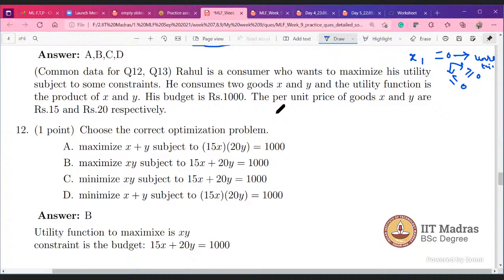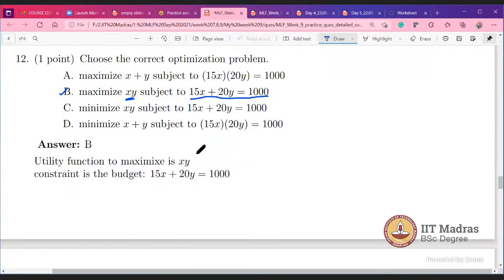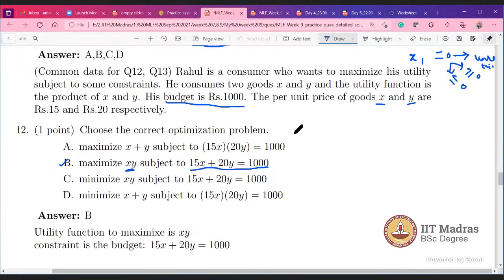Yeah, B is correct. To maximize this product, with the per unit prices of X and Y, and his budget is ₹1,000. So it has to be 1,000. Actually, less than or equal to 1,000 could be considered, but I wasn't sure why less than or equal to will not come, but that is okay.